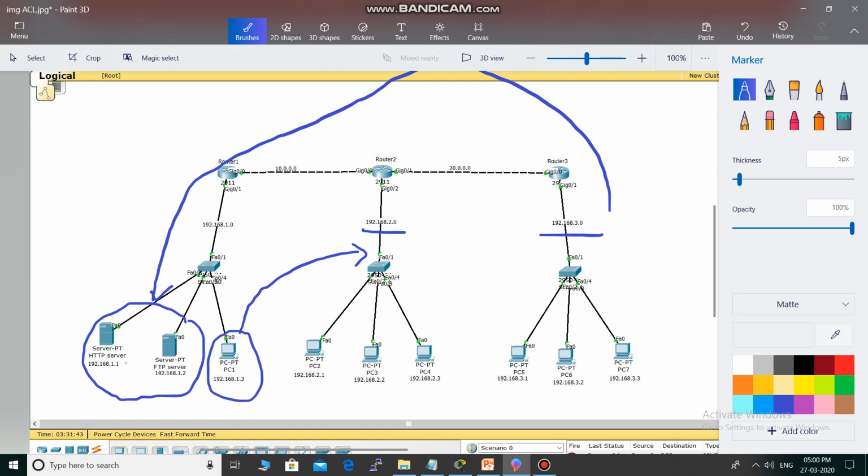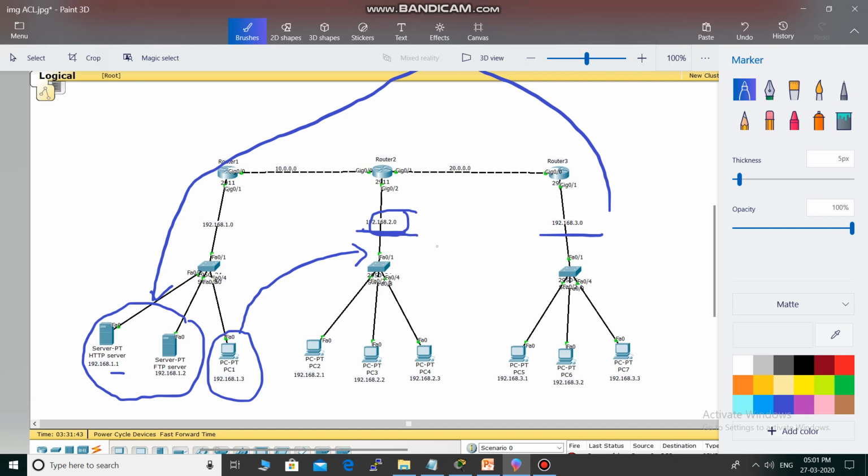Suppose you want the 192.168.1.1 user to communicate with the network 2.0. Then 192.168.1.1 is the source and 192.168.2.0 is the destination.